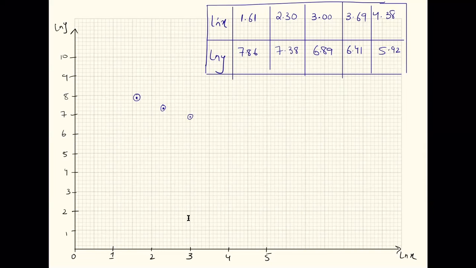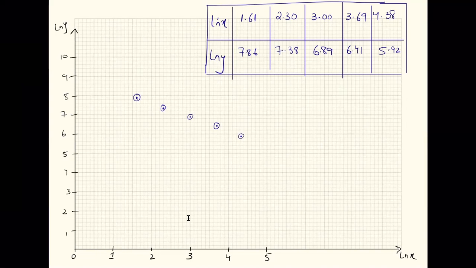3.69, 6.41. 3.69 means 3.7, and 6.41 is 6.4. Then 4.38, somewhere between 4.3 and 4.4, and 5.92, which will be over here.